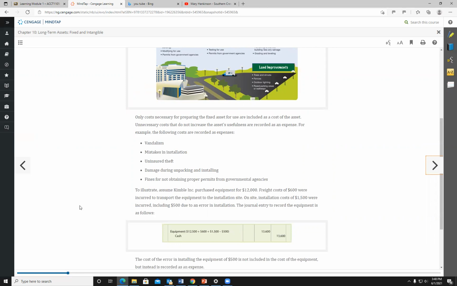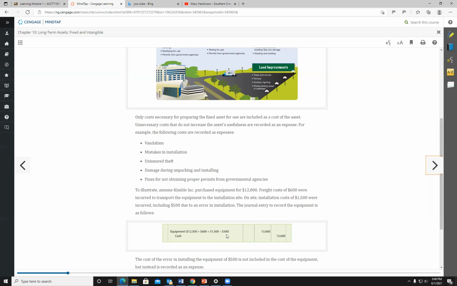So the journal entry to record the equipment is as follows: equipment, which was $12,000 plus the $600 plus the $1,500 minus the $500. That $1,500 installation cost included a $500 additional cost due to error.